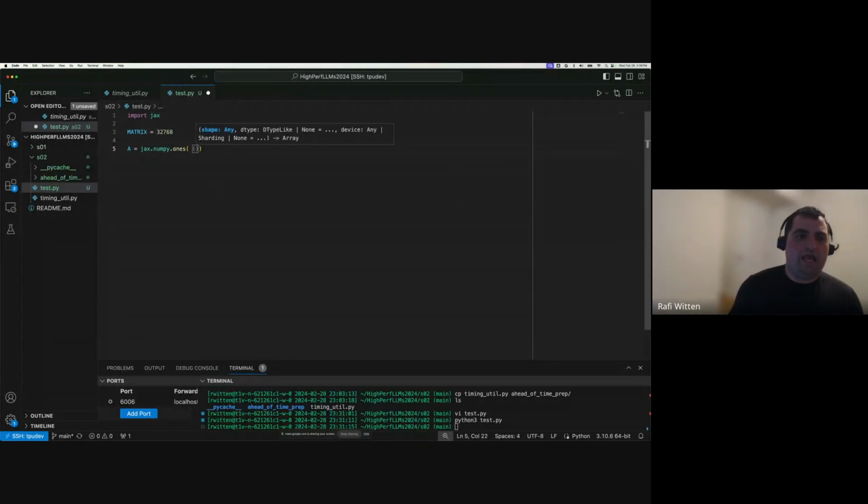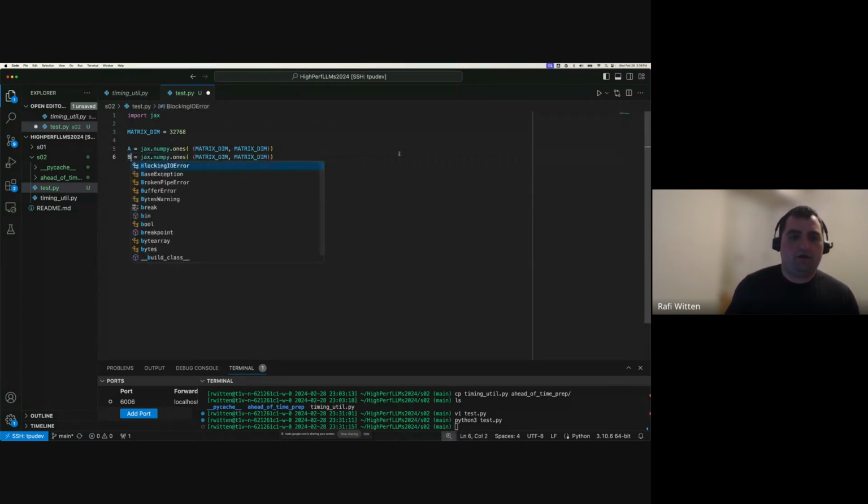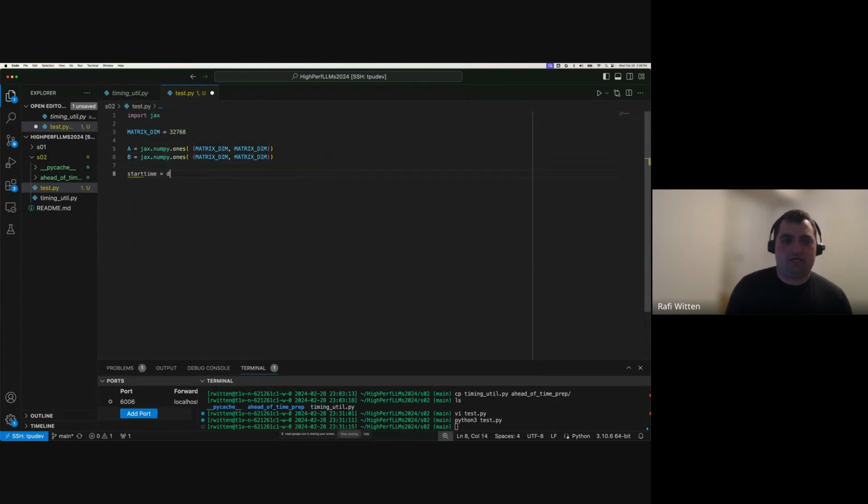Okay, so we have a matrix. We're going to make our matrix dim be matrix dim by matrix dim. We'll get ourselves two matrices, and then we'll start a timer. So start time equals datetime.datetime.now. As we go, we're going to improve this and understand some things about JAX.